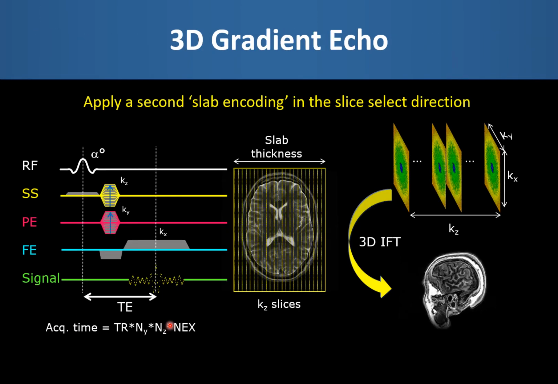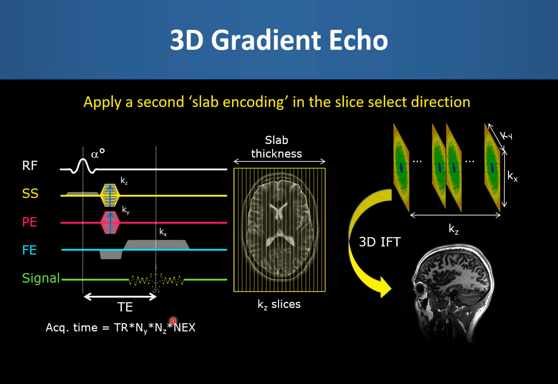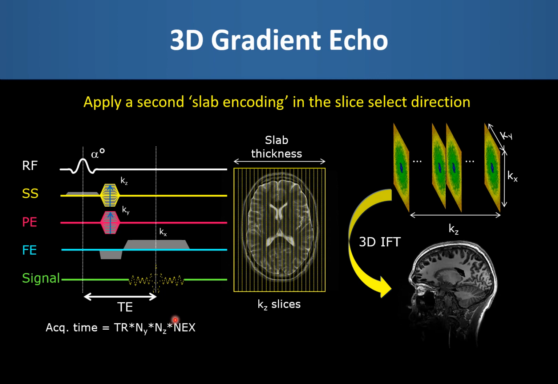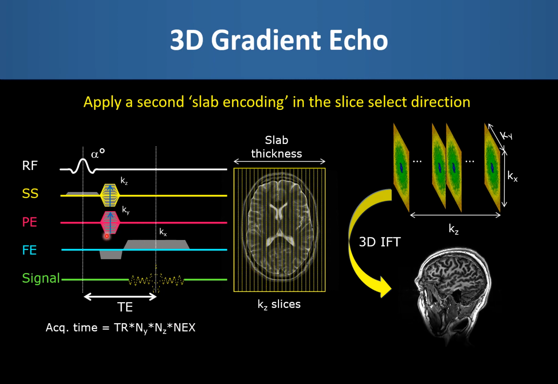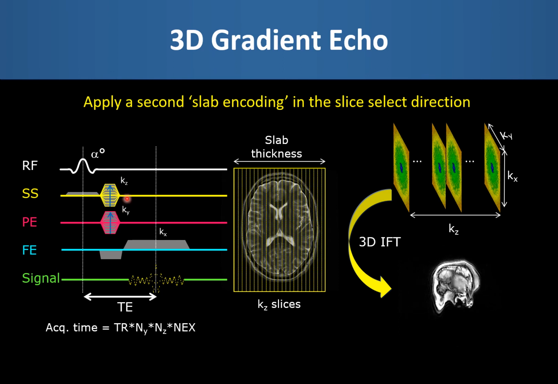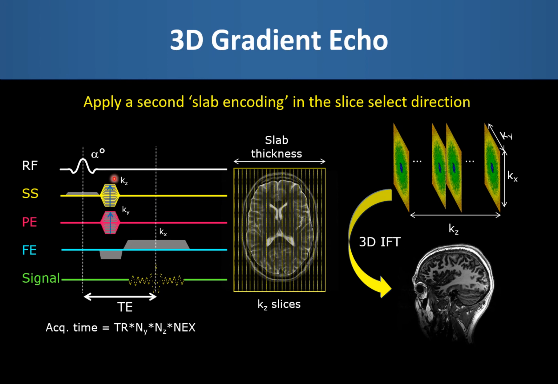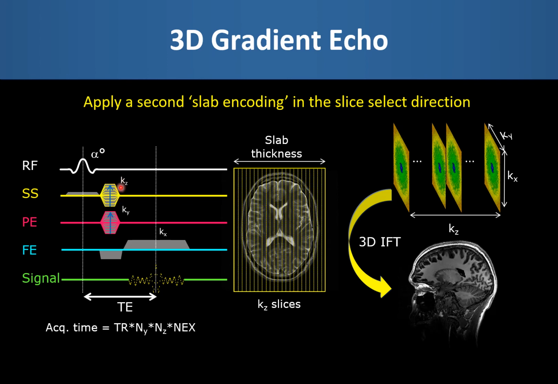One advantage of gradient echo imaging is that with a short enough TR, we can acquire true three-dimensional or volumetric imaging. In the case of three-dimensional acquisitions, we acquire a second phase encoding gradient, but this time applied along the slice select direction.